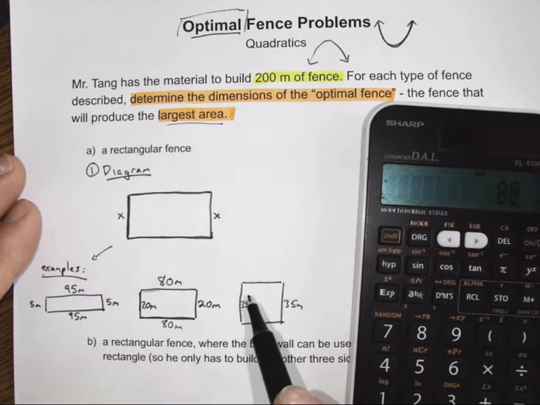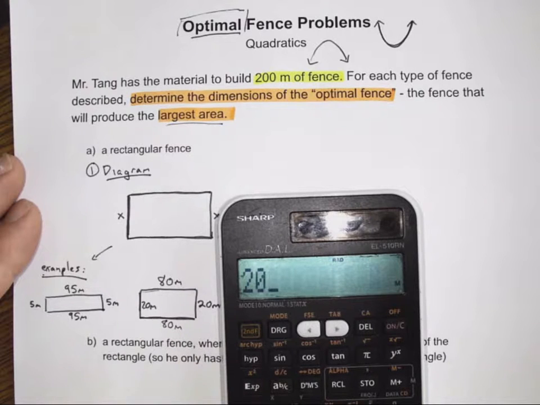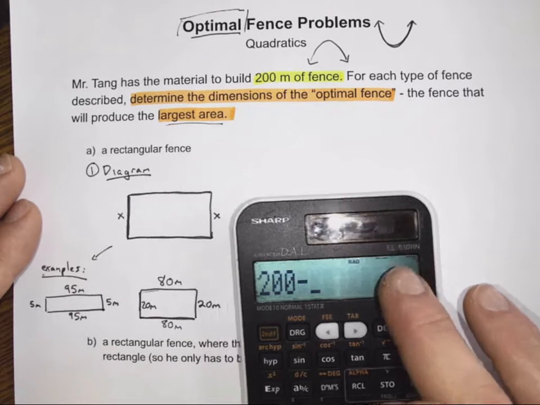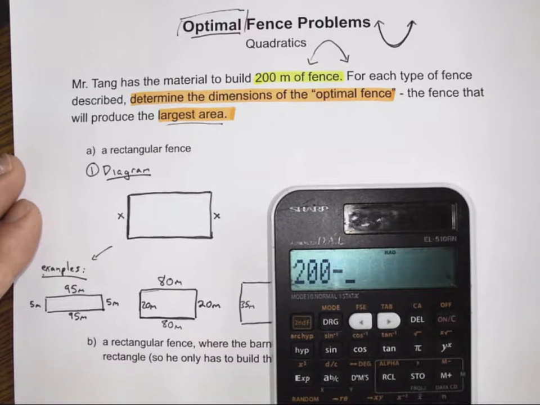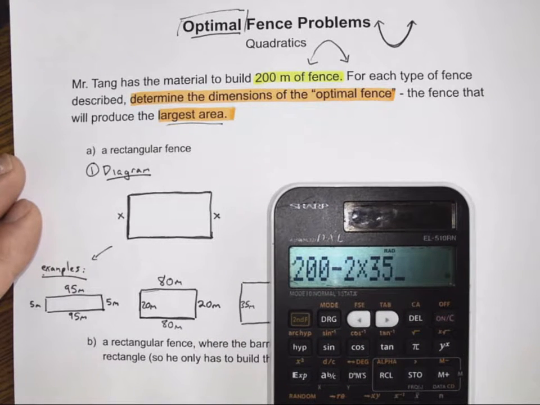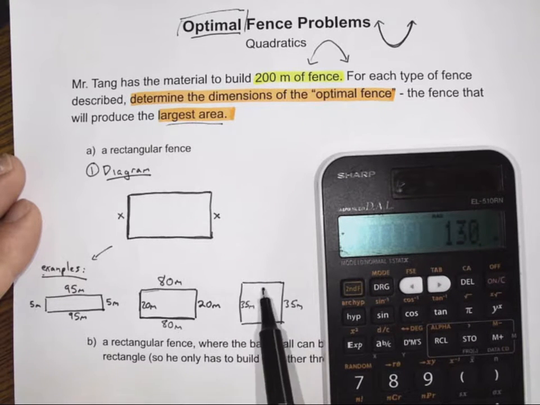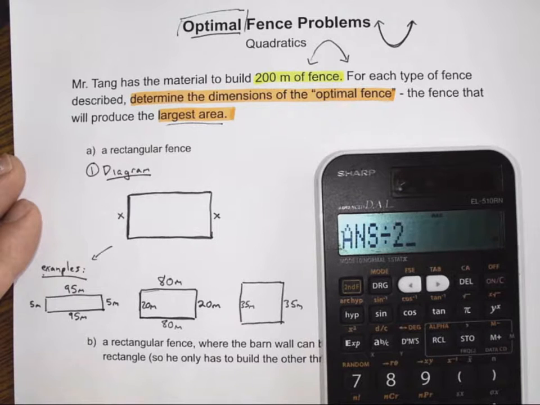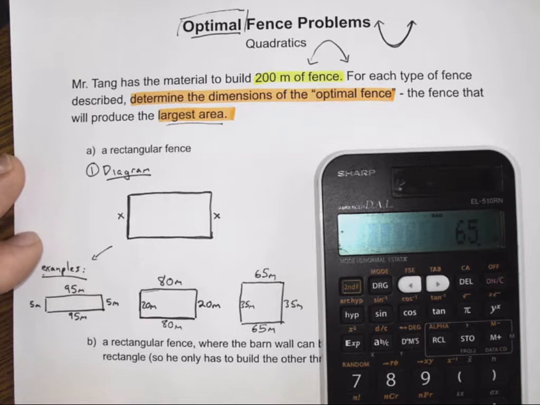Again, to find out how long this side has to be, I start by subtracting two 35s from 200. That leaves me with 130 meters of fence for these sides, and I'll divide that by 2 to find out how much is going to be on top. This is 65, which looks like this diagram's not to scale, and 65 meters on the bottom as well.